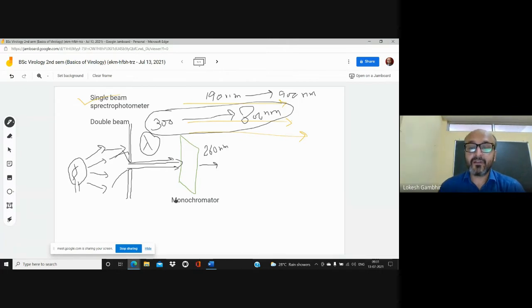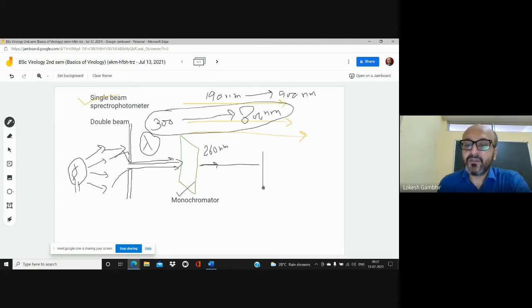That is possible by using a monochromator because it will allow only a single wavelength to pass on, and that is the function of the collimator. It has multiple filters, so whatever feeding you give, suppose I am doing ELISA and I want 600 nanometer, that 600 nanometer wavelength will be allowed to pass. Once you have given the command, the 260 nanometer wavelength will be passing.